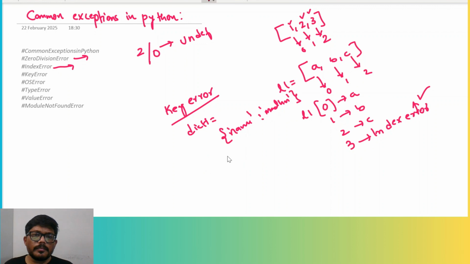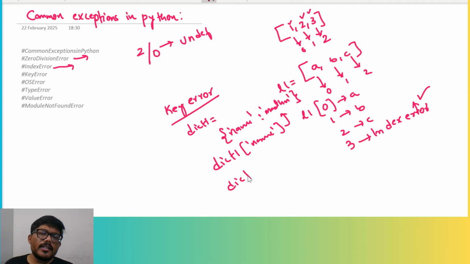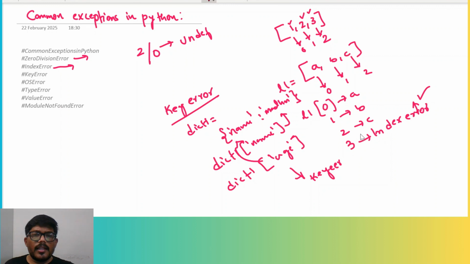If we try to access dict1 of name, the corresponding value will be printed. But if I try to access a key which is not there in the dict, let's say age, this is not there in the dict, then we will have a KeyError. This also will be handled the same way that we handled ZeroDivisionError in our earlier video.